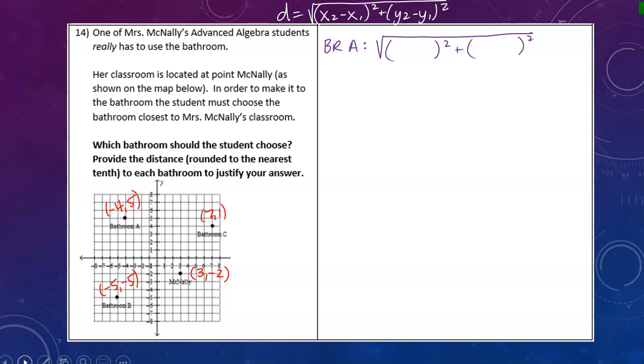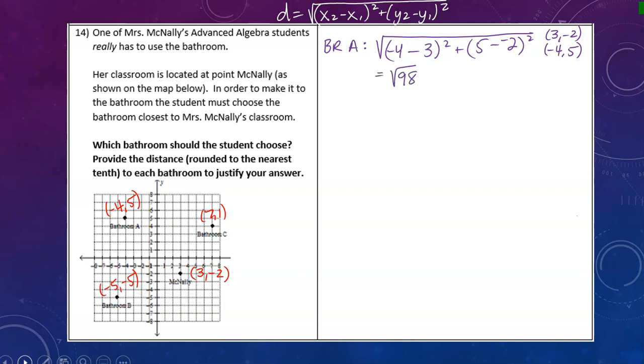Every one of these distance formulas will use point McNally, and then I have to use point A, or bathroom A, which is (-4, 5). So those are the points I'm going to plug into this distance formula. So I would have -4 minus 3 and 5 minus -2. And when you plug all of that in, you end up getting the square root of 98.